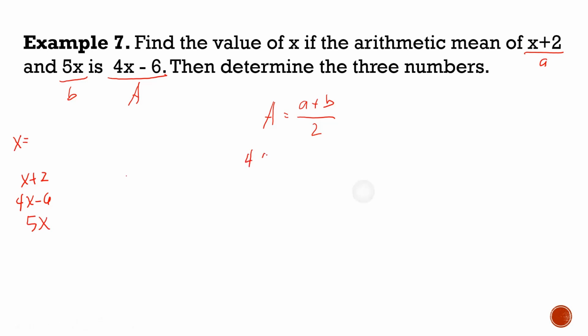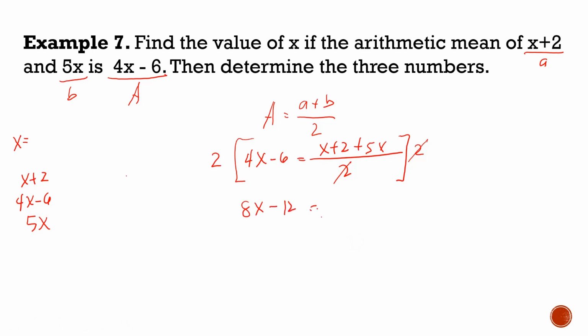We need to find x first. So we have 4x minus 6 equals x plus 2 plus 5x divided by 2. So just like what we did earlier, every time you have an equation that has a fraction, the best thing to do is to multiply both sides by whatever the denominator is. Okay, so this is 8x minus 12 equals 6x plus 2. That's x plus 5x is 6x.